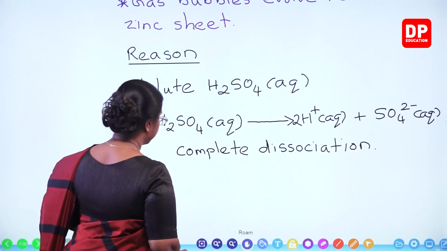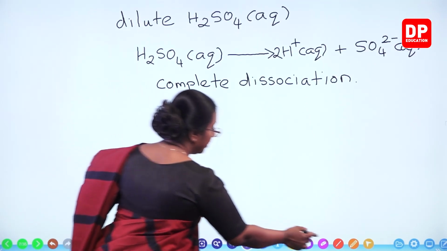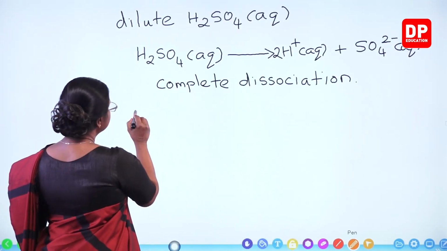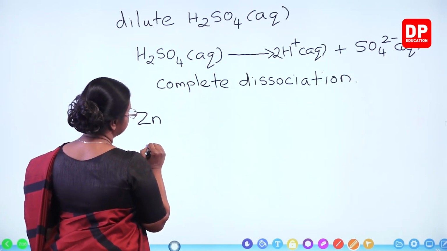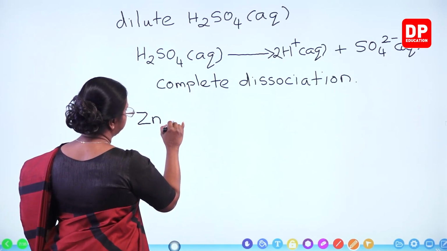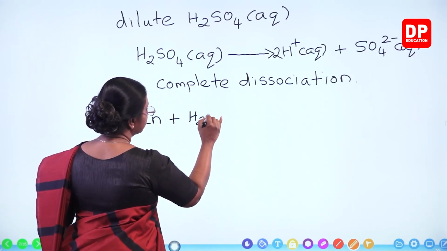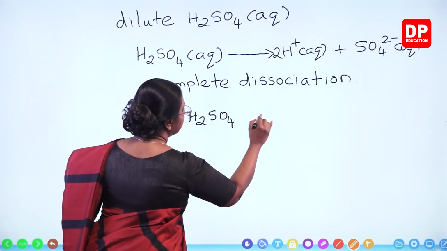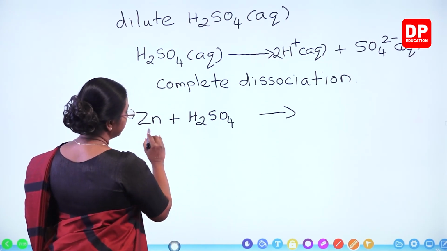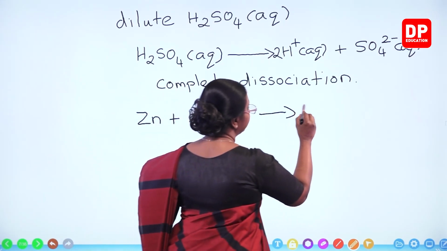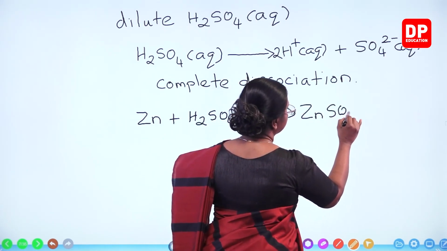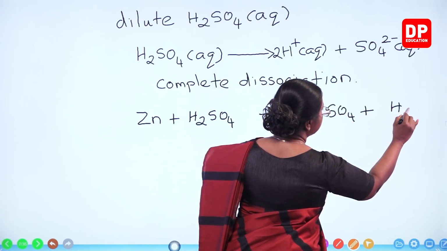Now, at the same time, when you place zinc in sulfuric acid, what happens there? You all know this is a reaction that is familiar to you all. Zinc plus H2SO4 gives rise to zinc sulfate plus H2 gas.